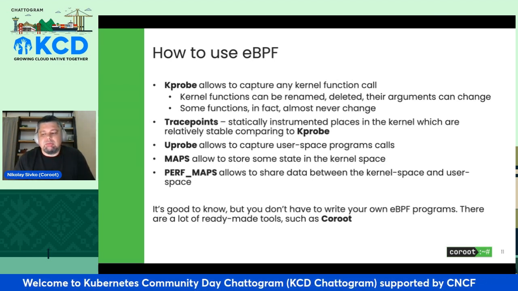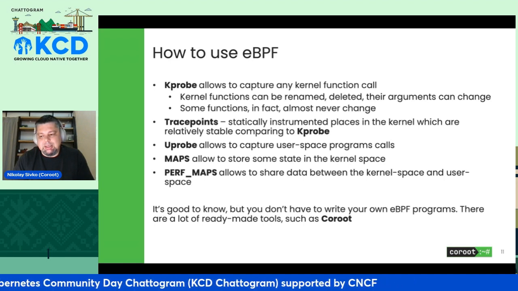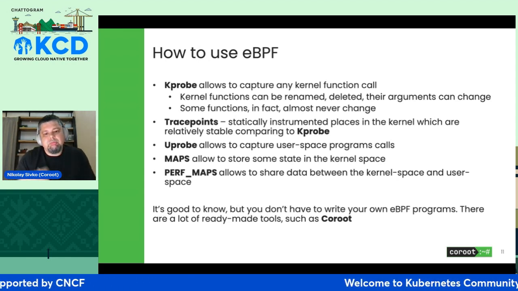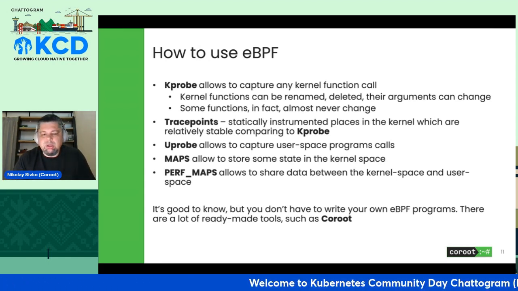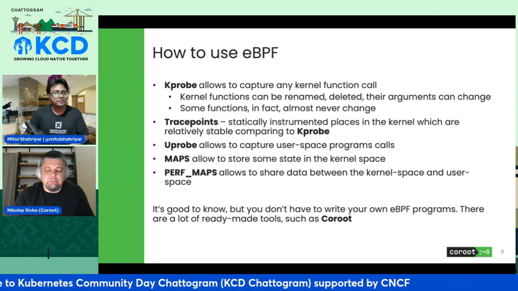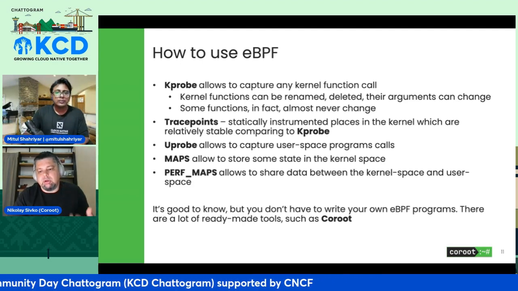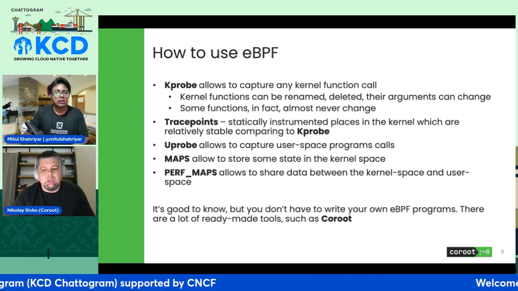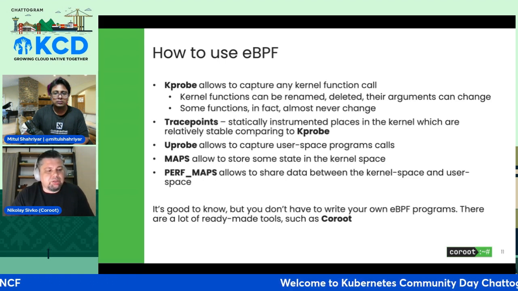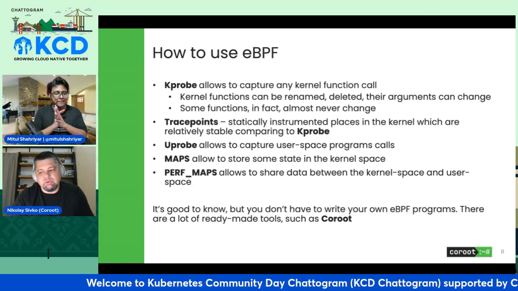This code is executed in user space, and it allows your eBPF program to be triggered on this call. And there are some mechanisms that allow you to keep some values between your program calls in the kernel space.